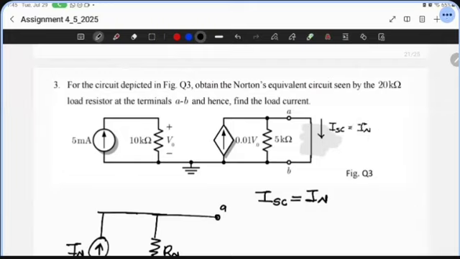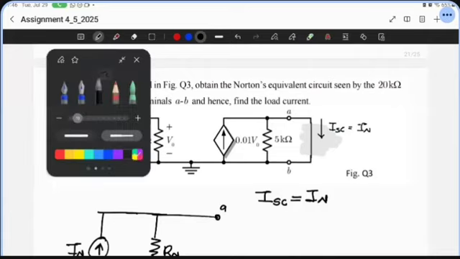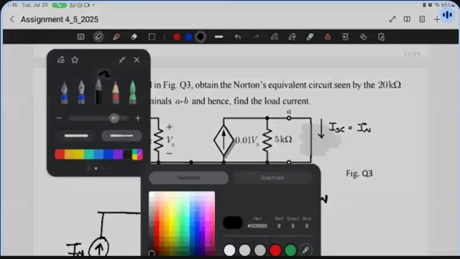So for the circuit that we have now, we need to analyze to find I short circuit. So what will happen? Well, first let's understand what the short circuit there does. With the short circuit in place, one thing becomes obvious.